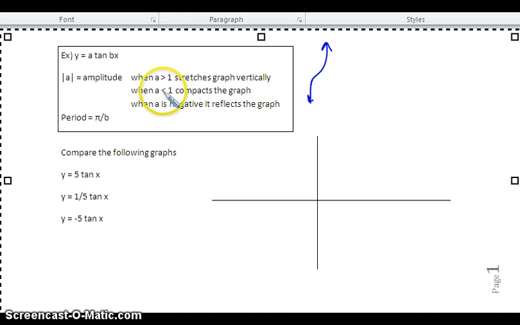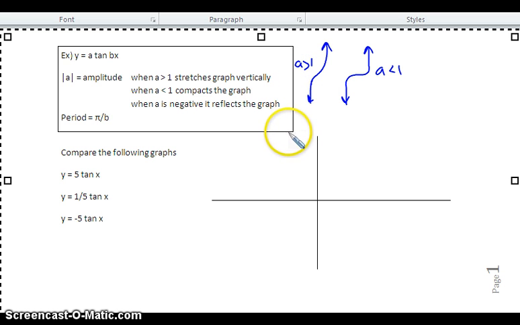Now when a becomes less than 1, so when it's a fraction, like for example 1/5, what's happening is the graph is being more compacted. So think about it, if you were to push this end down and push this end up, the graph would be more like this. It would have a much bigger curve to it. So this is when a is less than 1, whereas this is when a is greater than 1.